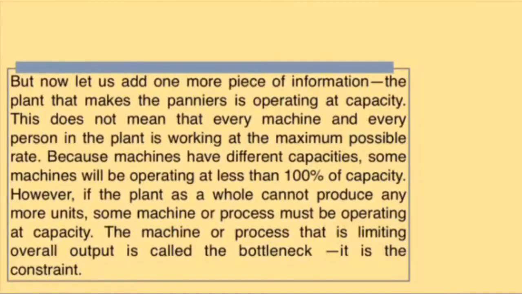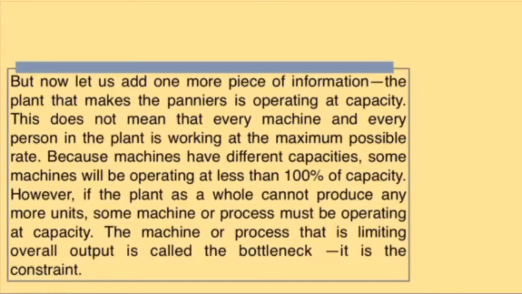But now, let us add one more piece of information. The plant that makes the panniers is operating at capacity. This does not mean that every machine and every person in the plant is working at the maximum possible rate, because machines have different capacities. Some machines will be operating at less than 100% of capacity.